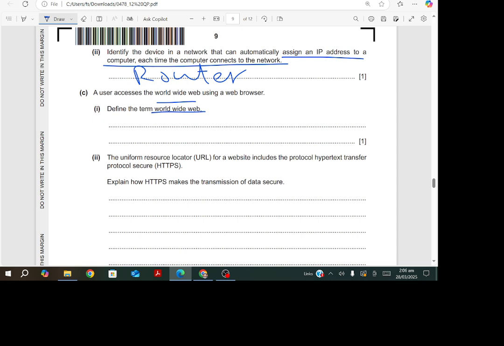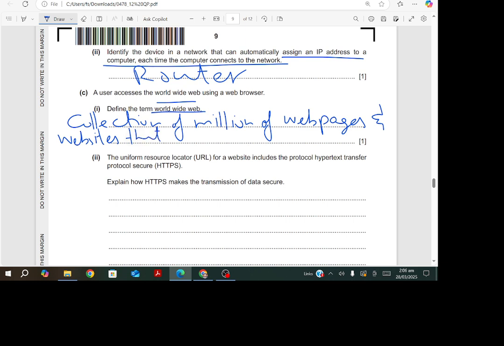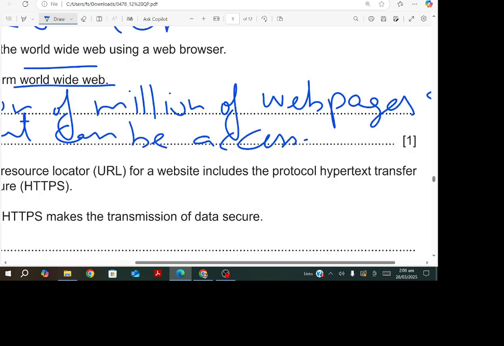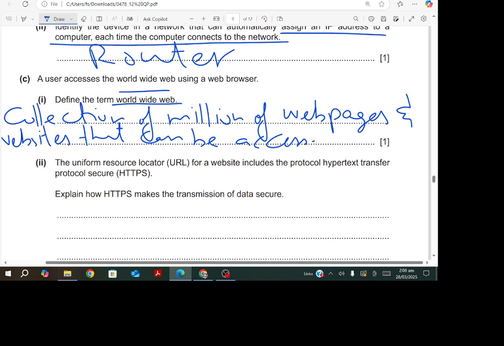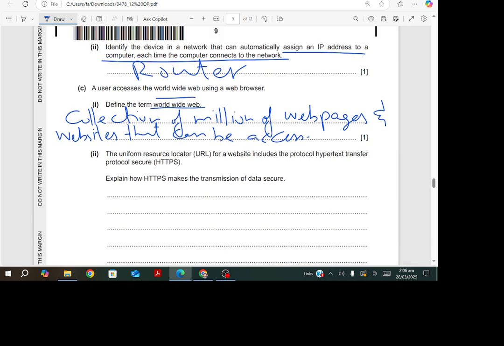It is a collection of millions of web pages and websites that can be accessed using the internet.